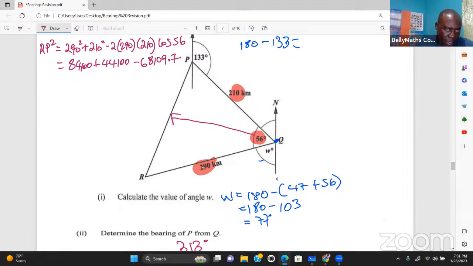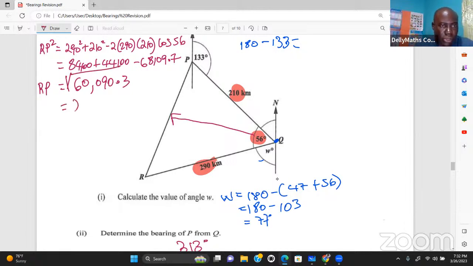Let's put everything together. 84,100 plus 44,100, I want to take away 68,109.7. And I'm looking at 60,990.3. So if I want to find RP, I'll take the root of that.